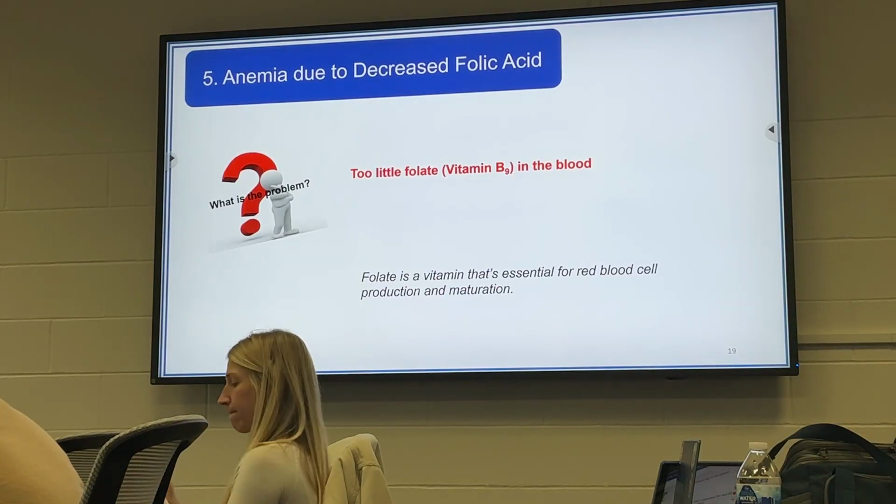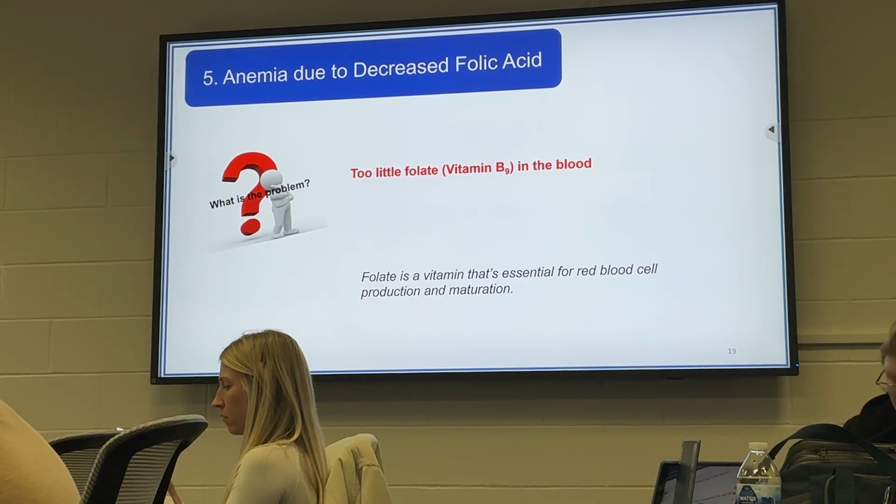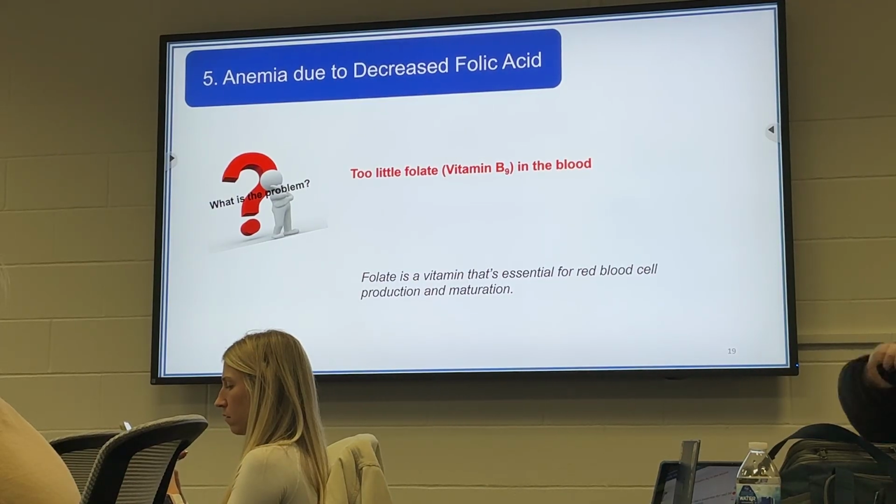Maybe it's due to too little folate. And all these deficiencies, as you can see, I tried to put a little one-liner in here: what does that do with red blood cells? Anyways, you don't have to know that's what folate does, but sometimes I'm looking like, I don't know what that has to do with red blood cells, which is why I love folate levels. Bless you.